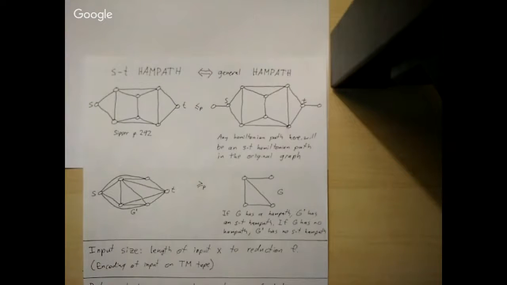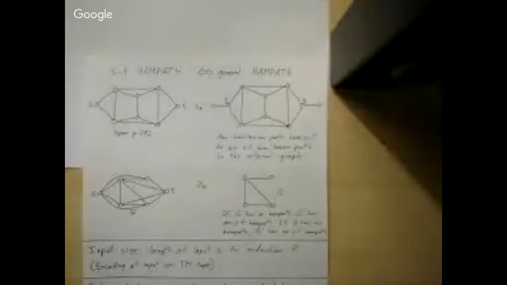What I settle on is reducing from the clique problem, because it's about finding dense subgraphs, and a clique is as dense of a subgraph as you can get. So it seems likely that we can make some modification to a graph that has a clique so that the dense subgraph has high enough density only when there's a clique of the right size in it.